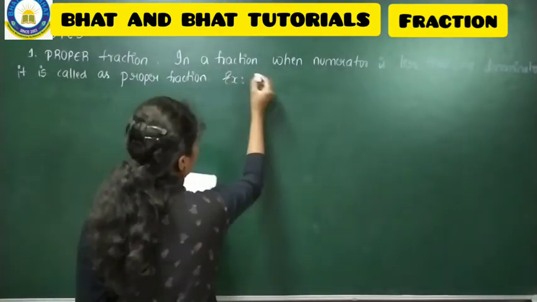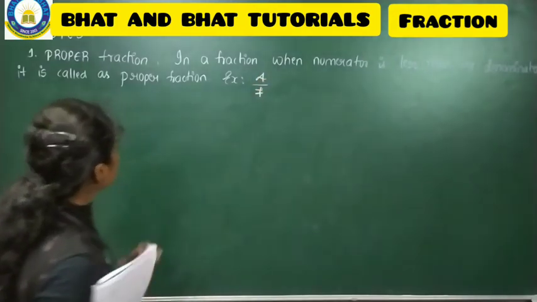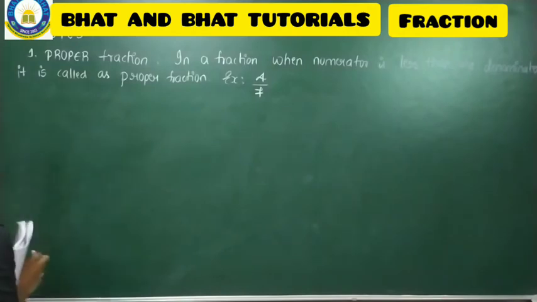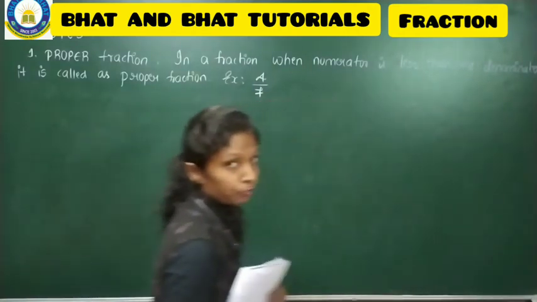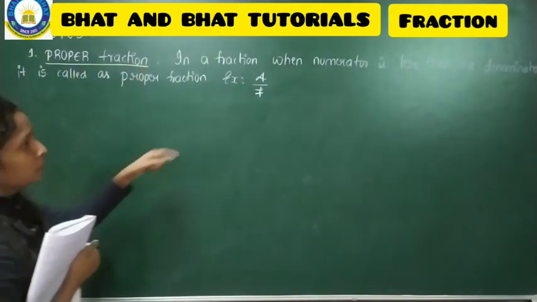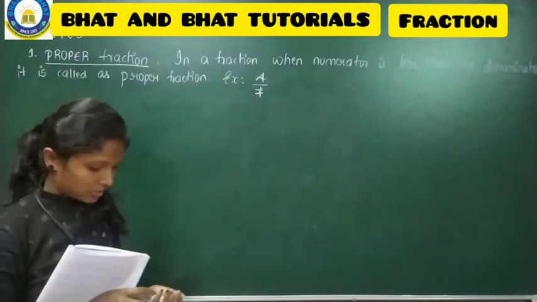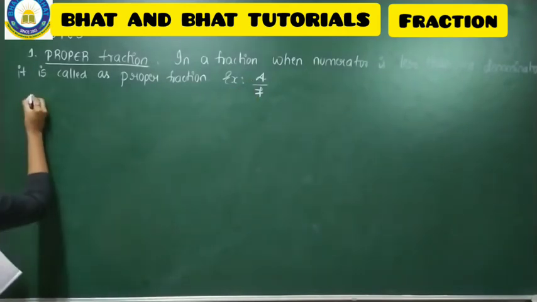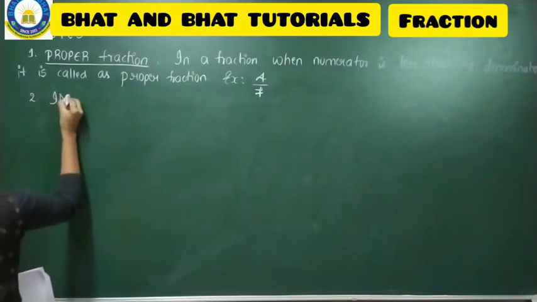Example, 4 by 7. As I have said, in a proper fraction the numerator will be lesser than the denominator. As you observe in this example, the numerator, 4, is lesser when compared to 7. We'll see the second type, that is improper fraction.